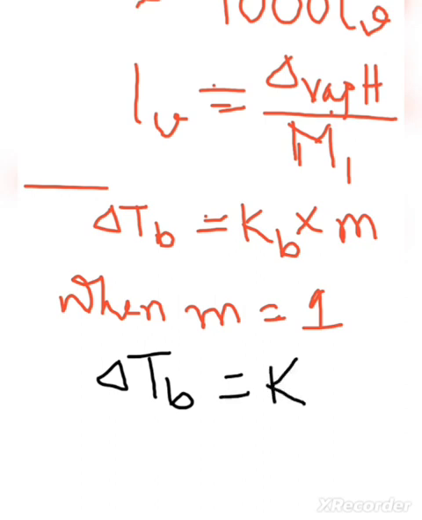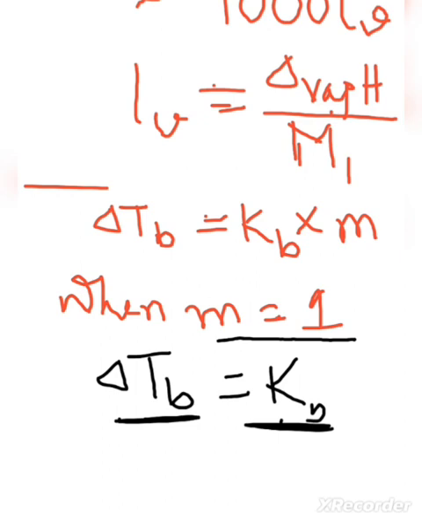So what can we say? We can say the elevation of boiling point is equal to the ebullioscopic constant when the molality of the solution is 1. Or we can say that the ebullioscopic constant is equal to the elevation of boiling point for a 1 molal solution.